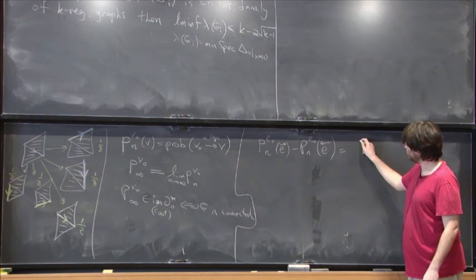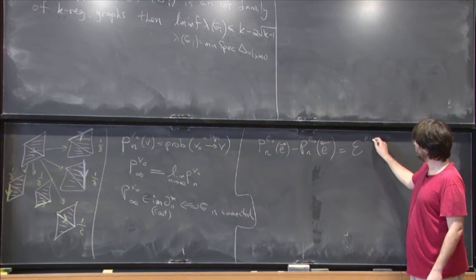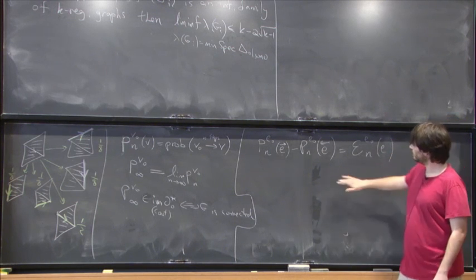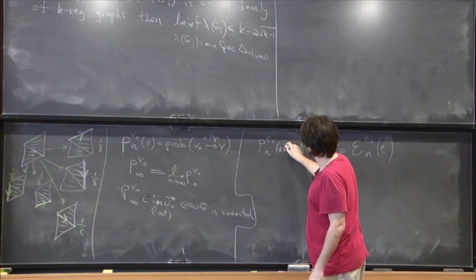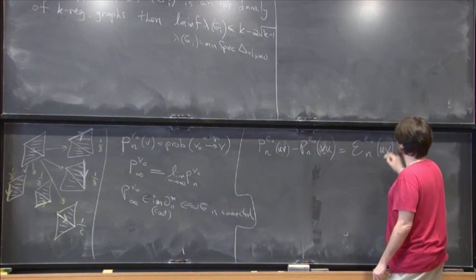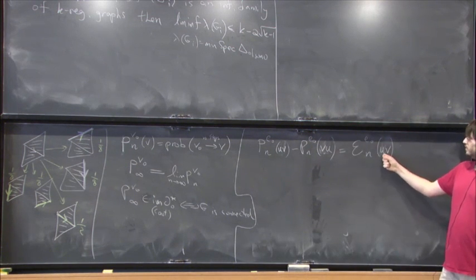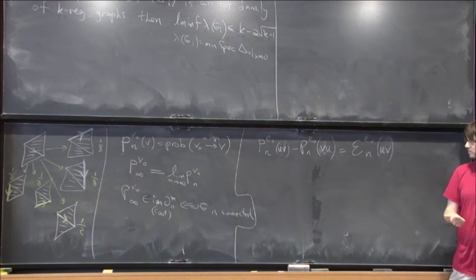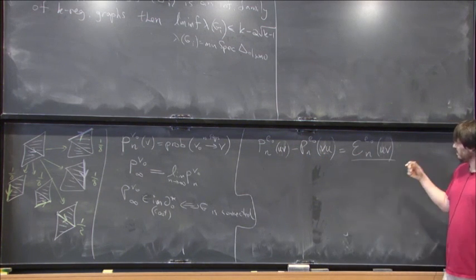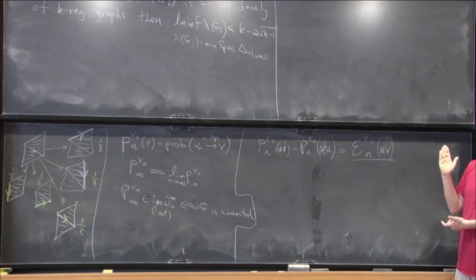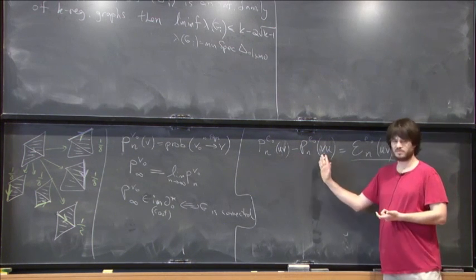I call this the expectation at time n at e. So this is a directed edge. The expectation at uv is the probability to reach uv minus the probability to reach vu. I think it's called expectation because, if you evaluate at time n, this is the expectation of what you get.